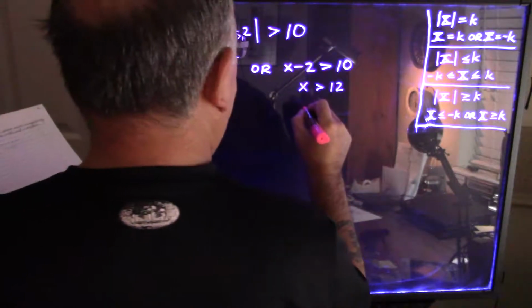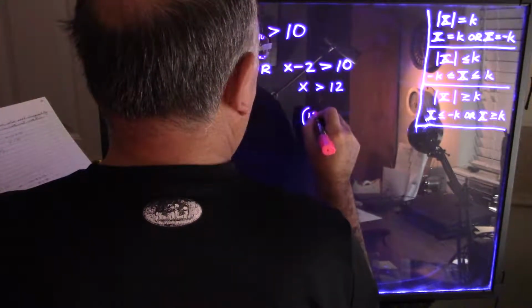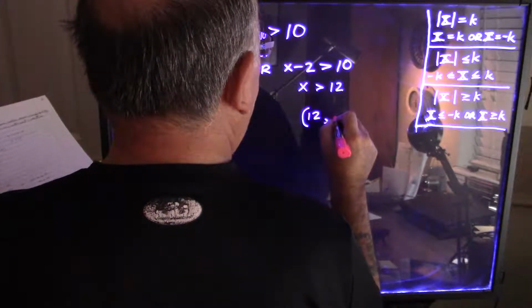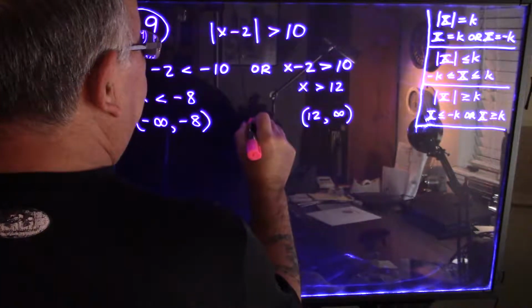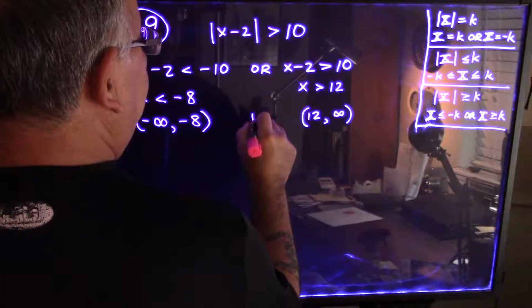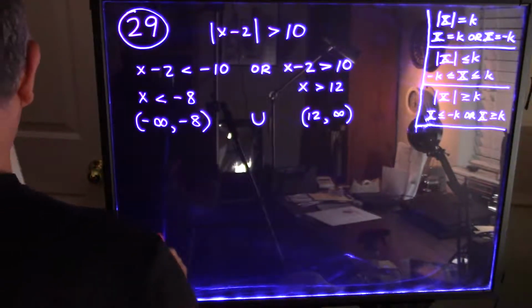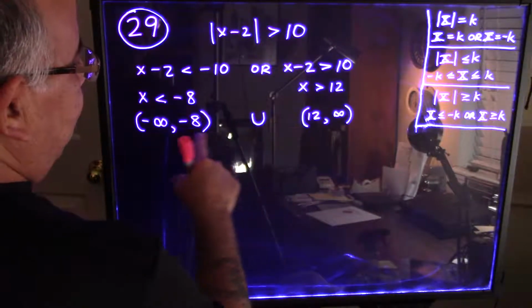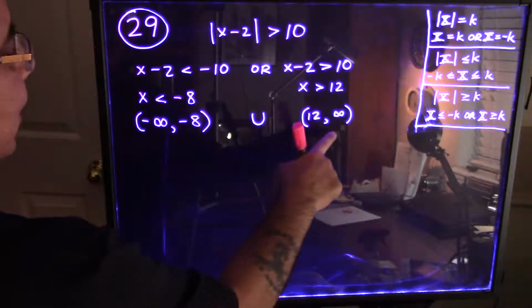So you can write that as an interval 12 to positive infinity, not including 12, and or means take the union. So you're going to take the union of these two intervals. Well, that's basically the answer. This union that.